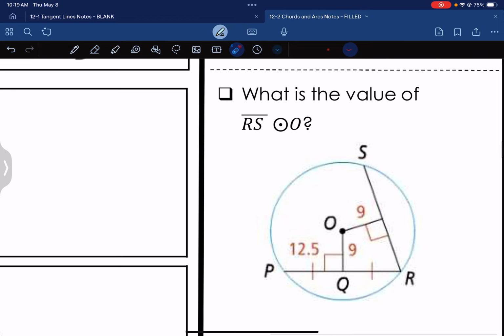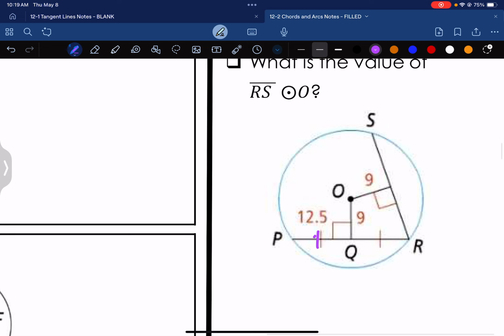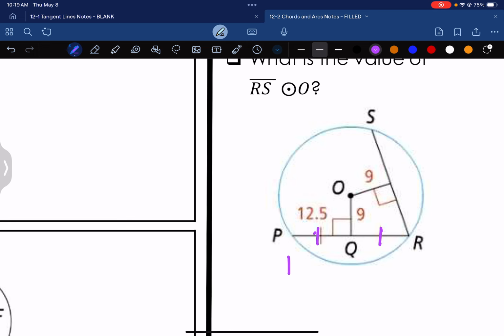All right, so let's look at this. What is the value of RS? So what is the value of this line right here? Well, if I can figure out what this line is and prove that they're the same distance from the center, then whatever this line is, this is what that is going to be. So if this piece right here is 12.5, this is 12.5, and this is also 12.5.